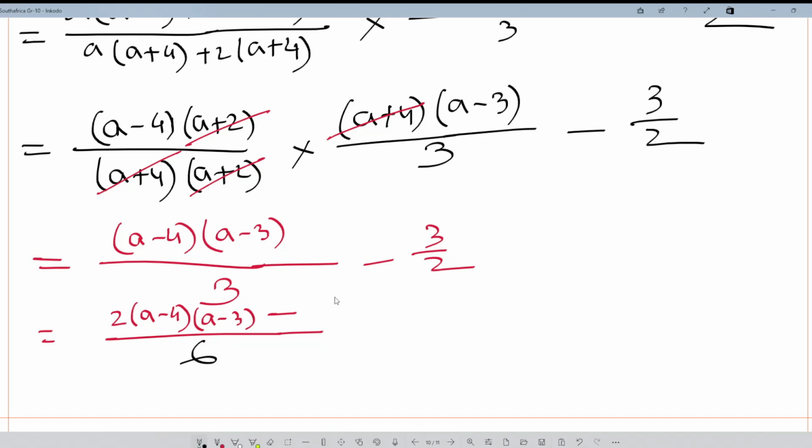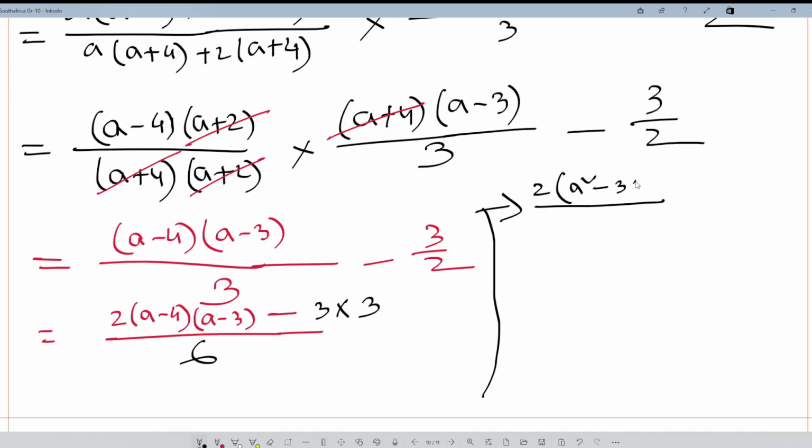So here is 2, then 3 times 3. Now 2a square minus 3a minus 4a plus 12, divided by 6, minus 9.